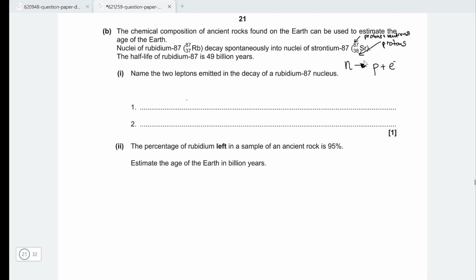And additionally, we get an anti-neutrino. So these are the two leptons in this case. One of them is an electron, the other one is an anti-neutrino. Now, you don't have to provide this much detail and explanation. However, I just wanted to explain the thought process that goes into solving this question.